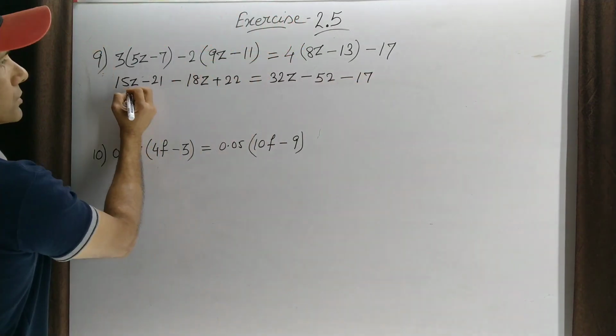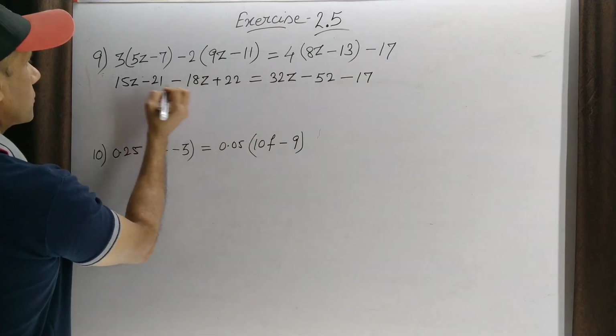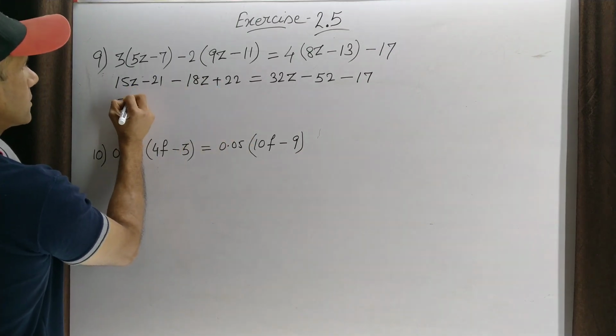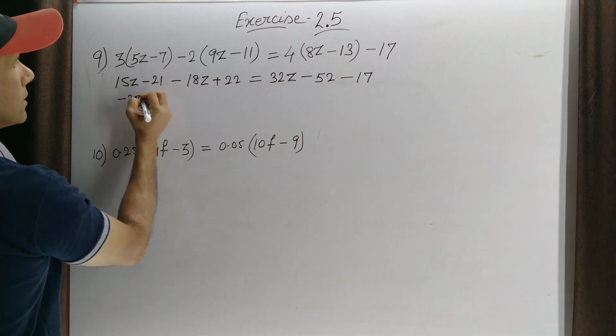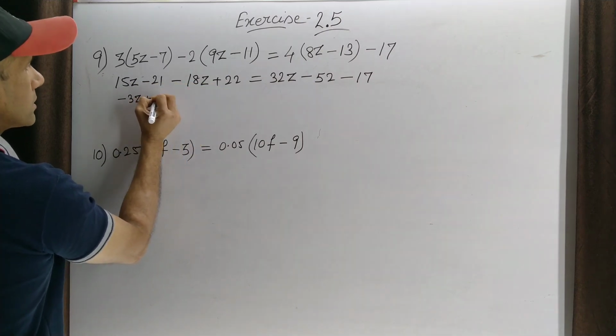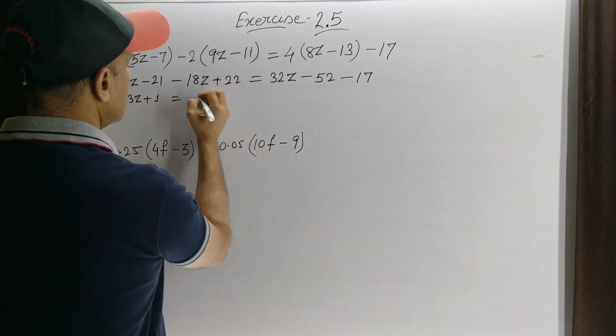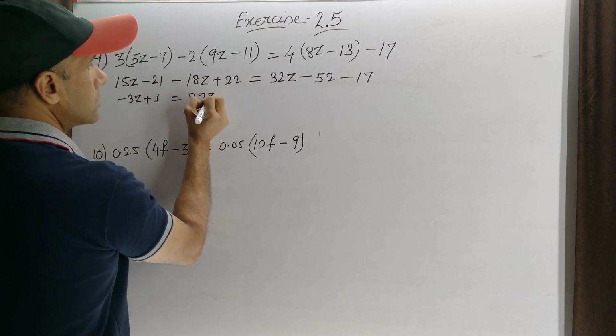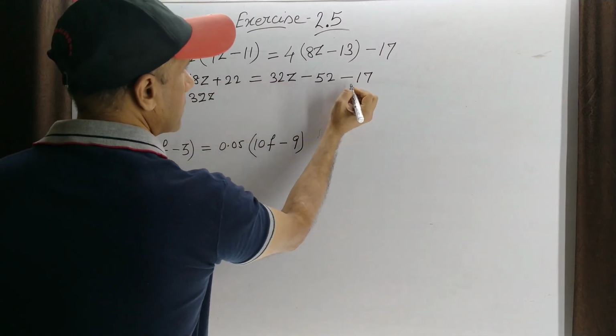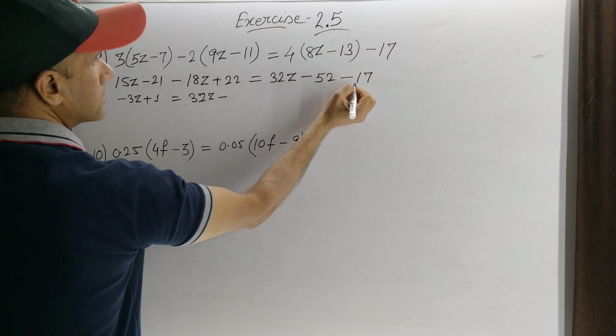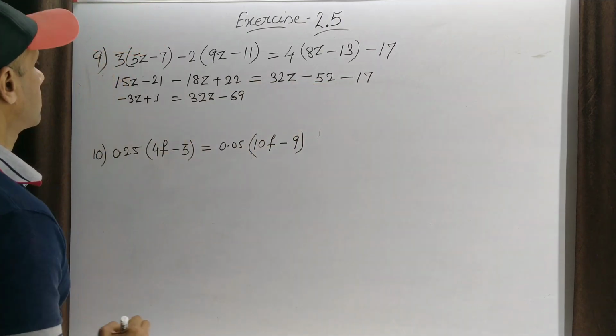So this becomes minus 3z plus 1 is equal to 32z minus 69.